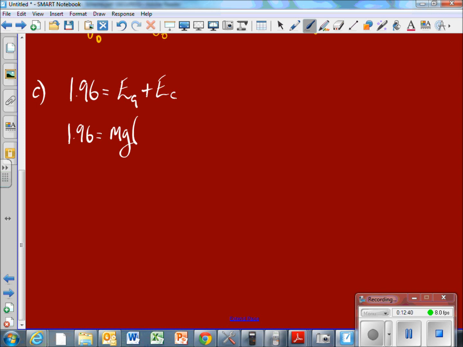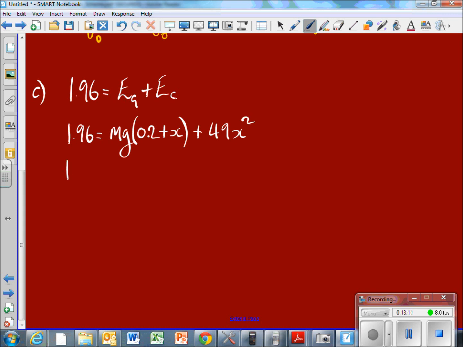The height is 0.2 meters, because that's how much the spring had been extended, so it's travelled up 0.2 to the spring's natural length, and then it carries on a distance x, which is how far the spring is compressed. So that's mgh, the total height, 0.2 plus x. And then the energy from the compression, we've already worked out this expression, it's just 49x squared.